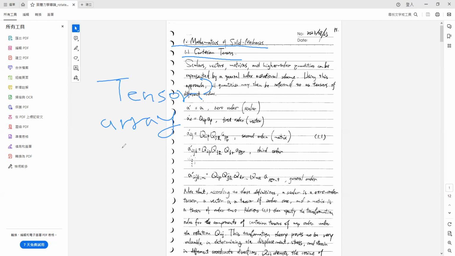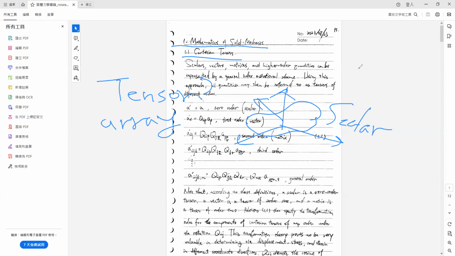For example, a scalar is a zero order tensor. A vector is a first order tensor.